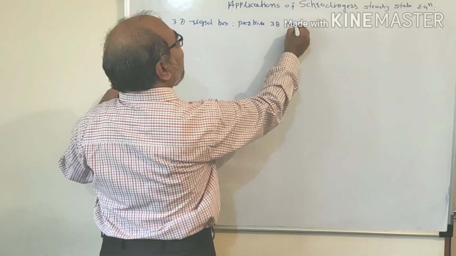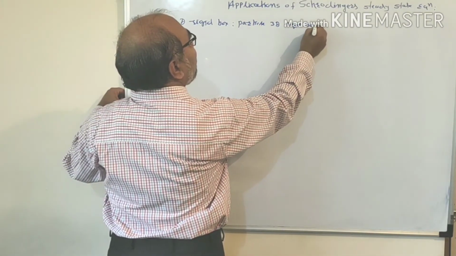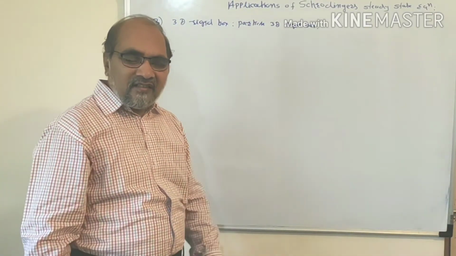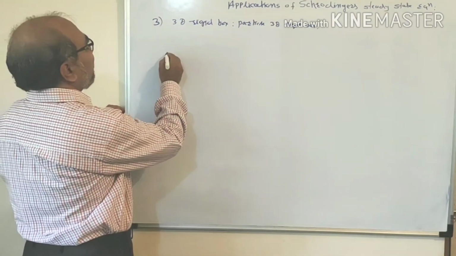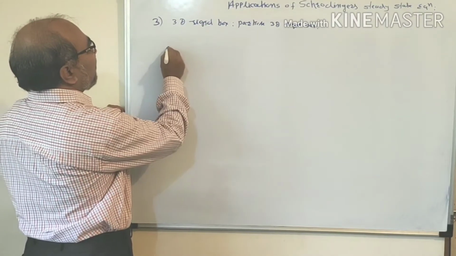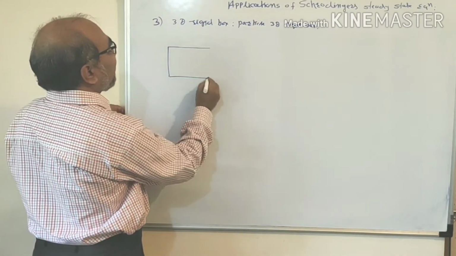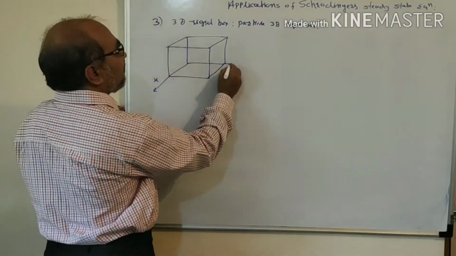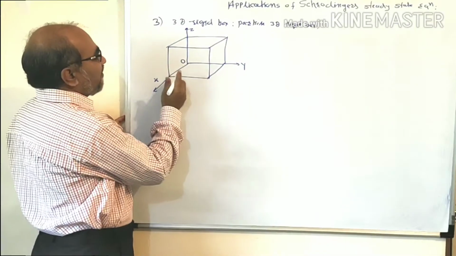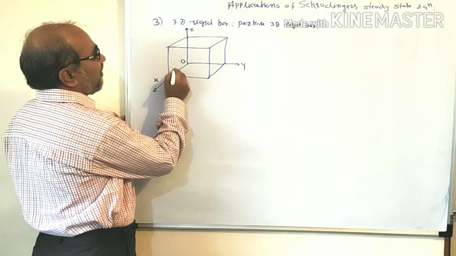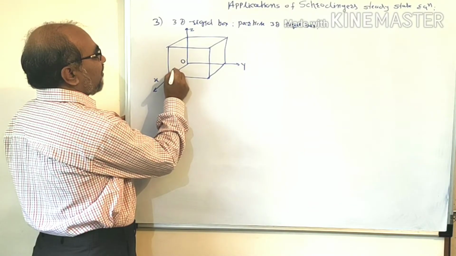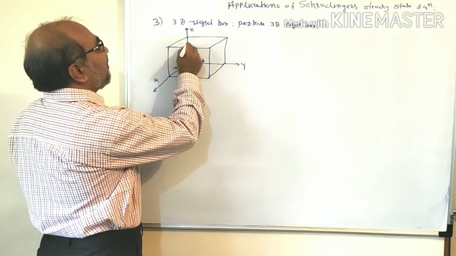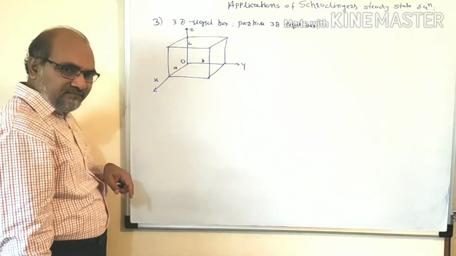If we draw the diagram, this is the rectangular box. The length along the x-axis is A, along y it is B, and along z it is C.